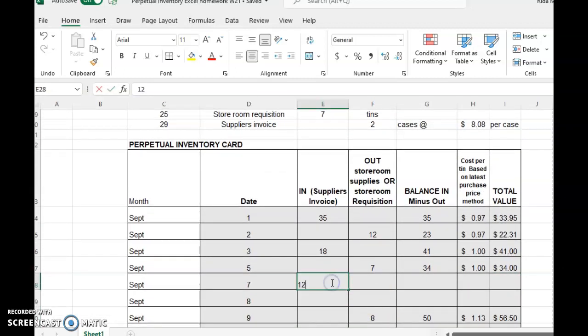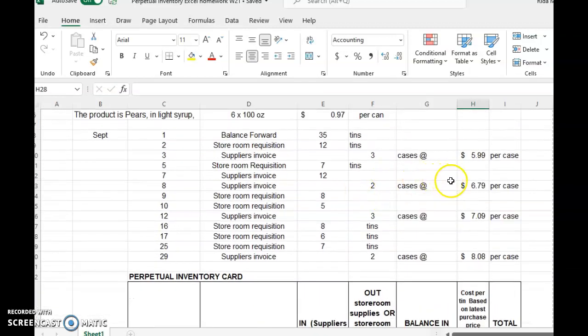So we would put that, and again we would add that 12 to 34, and we would get 46 as our total balance that's in, and we would use the same value because there is no price change over here.